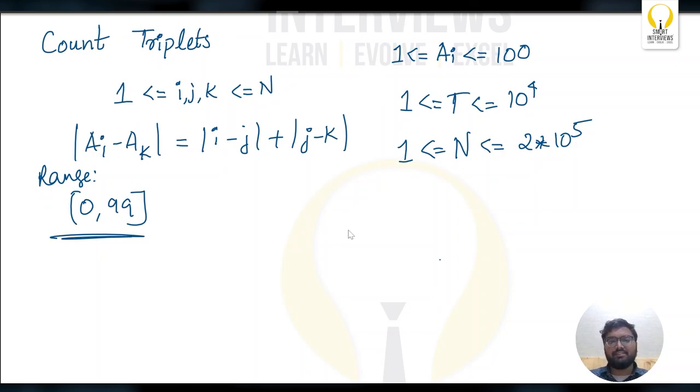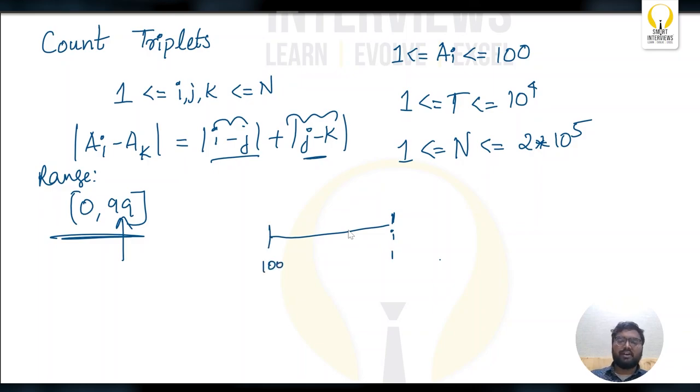If it is not exceeding 99, then the index differences also will not exceed that. If i is at the 0th index, j can be somewhere around the 100th index, or if i is at 1, j can be somewhere 100 steps to the left of i.